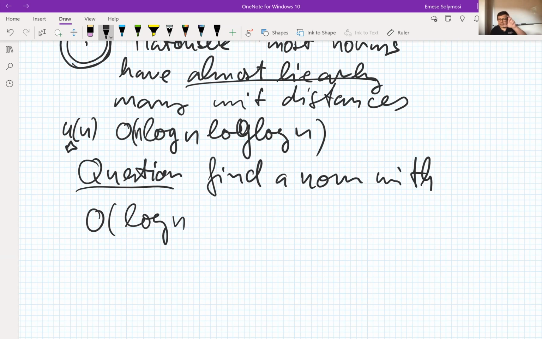You can always find n log n of them. Log n squared. I'm just saying, something less than what you have with the unit circle. So here we have with the unit circle that we want to show, or we know that most of the norms have much less unit distances, but we can't come up with any.